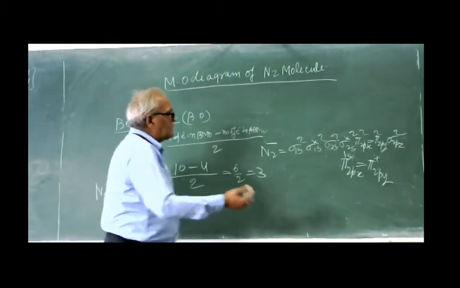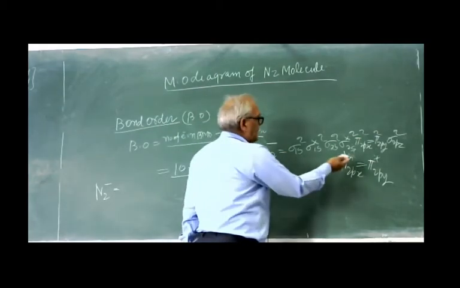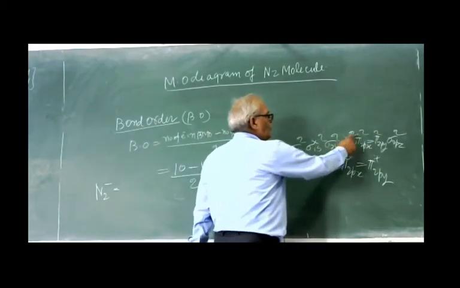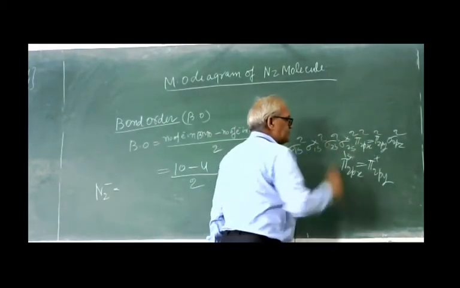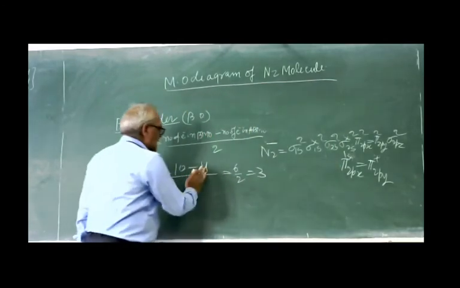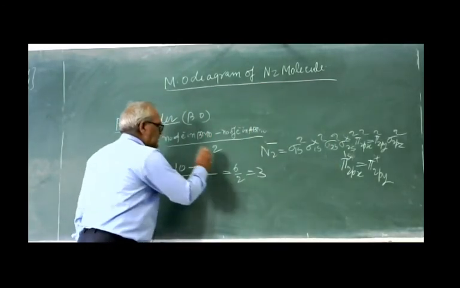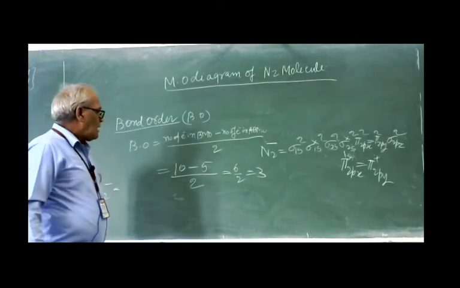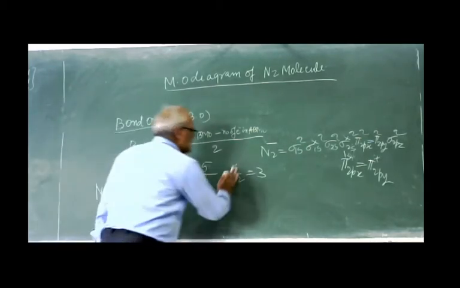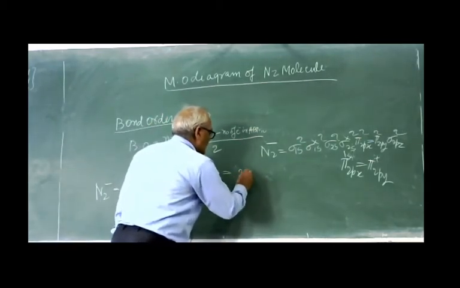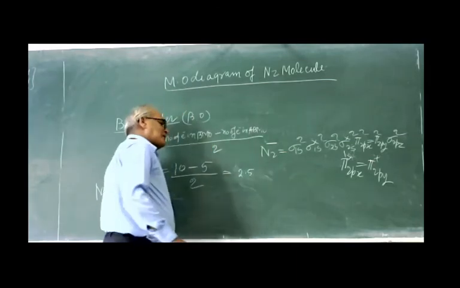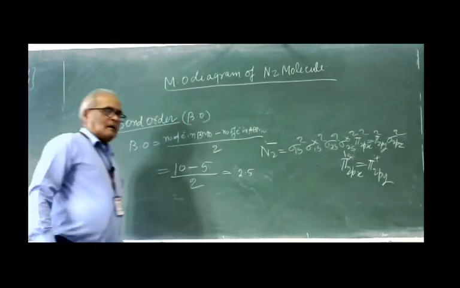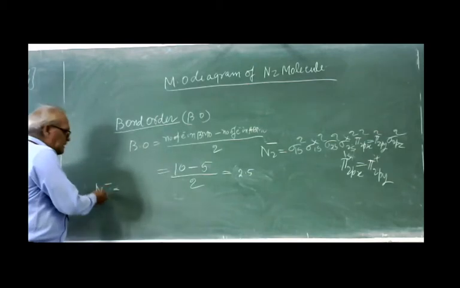Now the number of electrons in the anti-bonding orbital is 2, 4, and 5. So there are 5 electrons in the anti-bonding molecular orbital. As a result, we get 2.5. This is the bond order present in the N2 minus molecule.